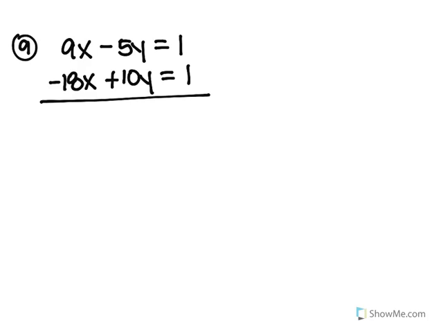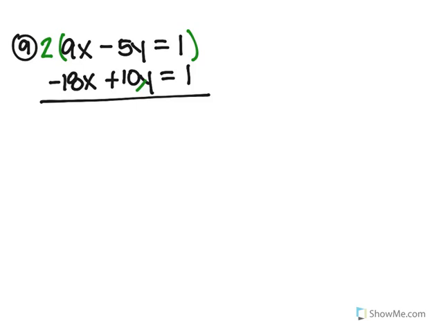And it looks like if I multiply the top one by, let's say, 2, because if I'm trying to get rid of the x's to get 18, I would need 9 times 2. And if I'm trying to get rid of the y's to get 10, and I have a 5 on top, I also need a 2.